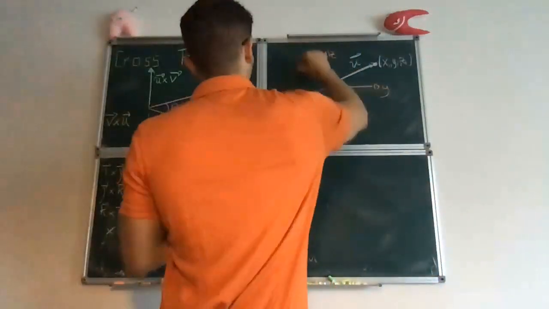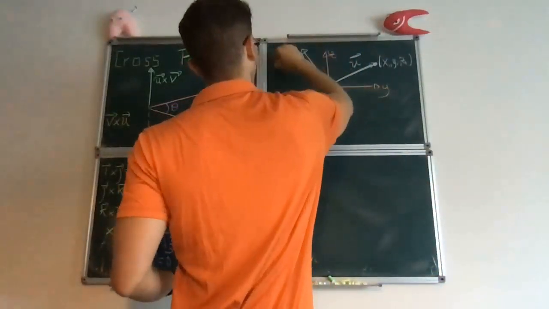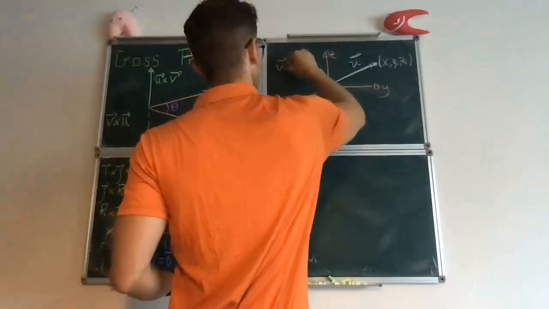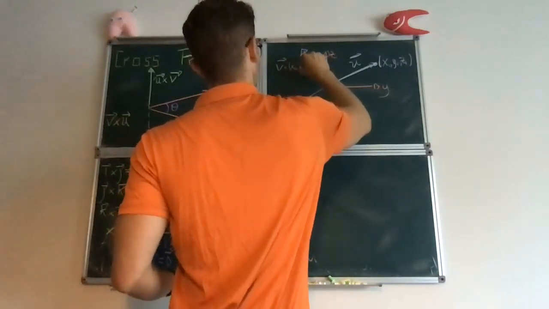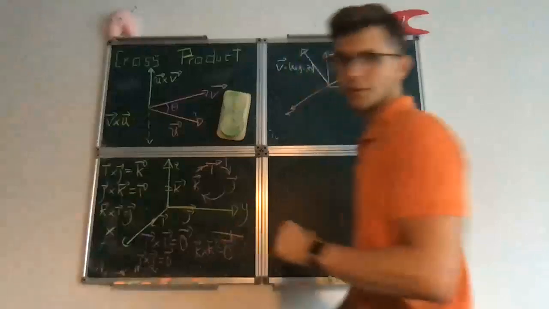On the other hand, we have this other vector v, which is x2, y2, z2.